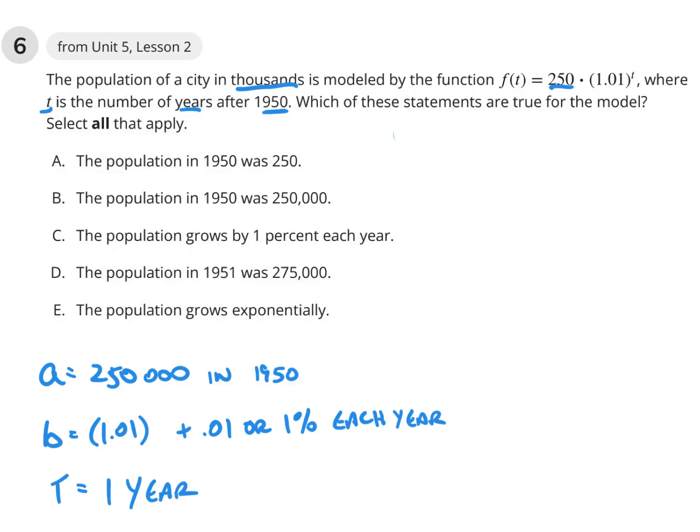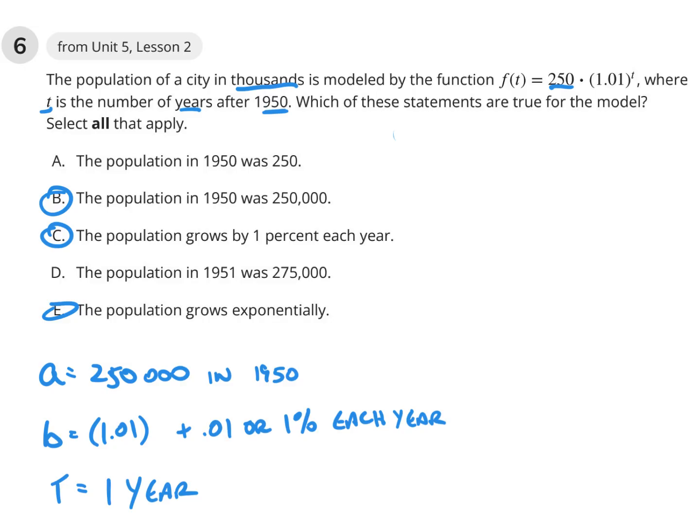So which statements are true? So the population in 1950 was 250,000. The population grew by 1% each year. And then the population in 1951 was 275,000. The population does grow exponentially, but we can put it in the calculator into y equals.